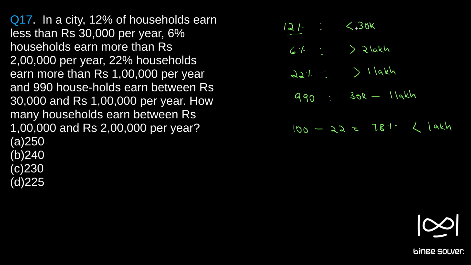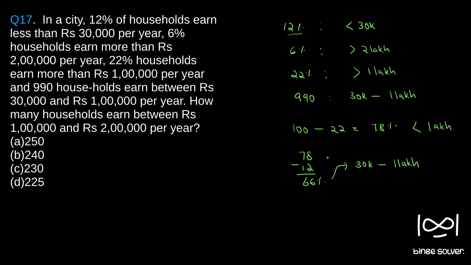Now less than 30,000 is 12%. So again 78 minus 12, 66%. What is the 66%? 78% earns less than 1 lakh, and we know that less than 30,000 is 12%. If we subtract, we get the people between 30,000 and 1 lakh. This is nothing but between 30k and 1 lakh.